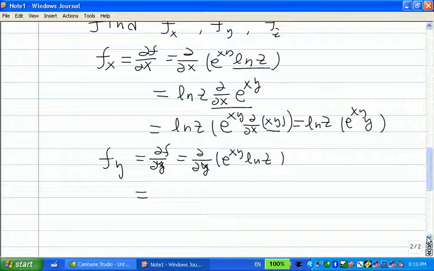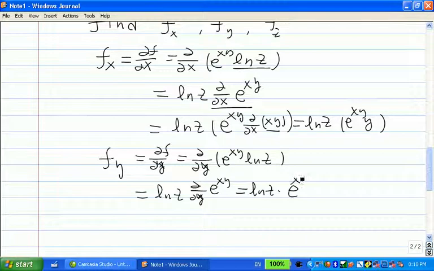Therefore, we treat xz as a constant. So ln z is a constant. Take that out. You take a partial derivative of e to the xy, use the chain rule, give you e to the xy. Then take a derivative of xy with respect to y, give you x.